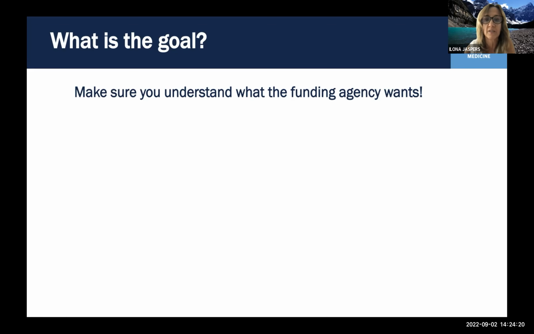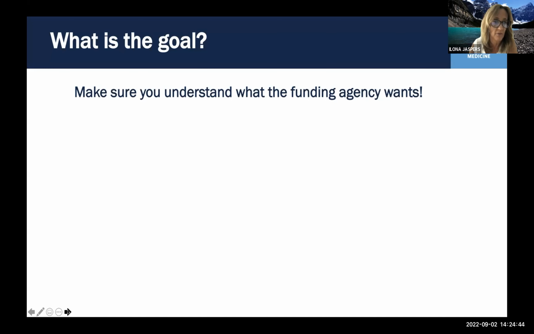Look at what the funding agency wants. What does the institute want? If you're not going towards NIH, I just participated in a review panel for the Department of Defense, with very different outlines of what they want and what the goal is there. So make sure you understand what the agency you're targeting for your funding actually wants.